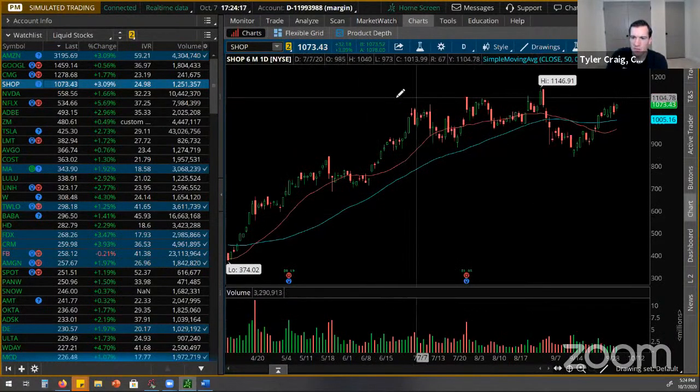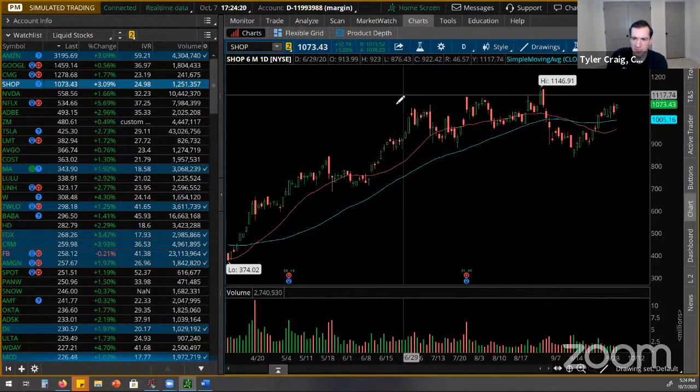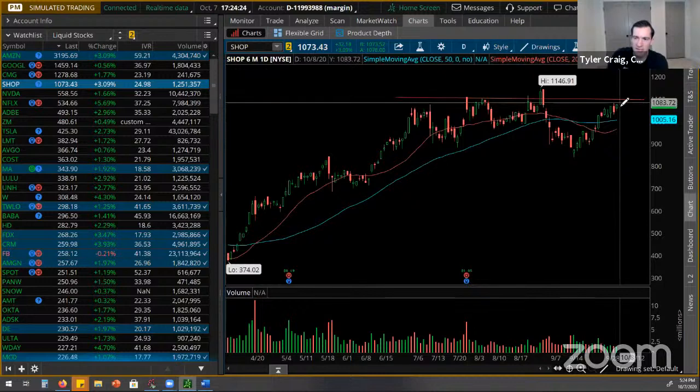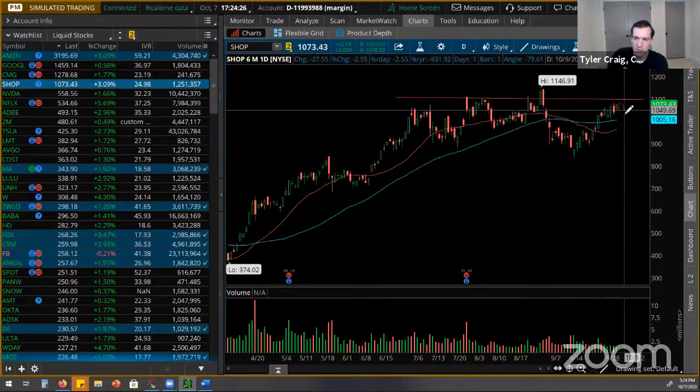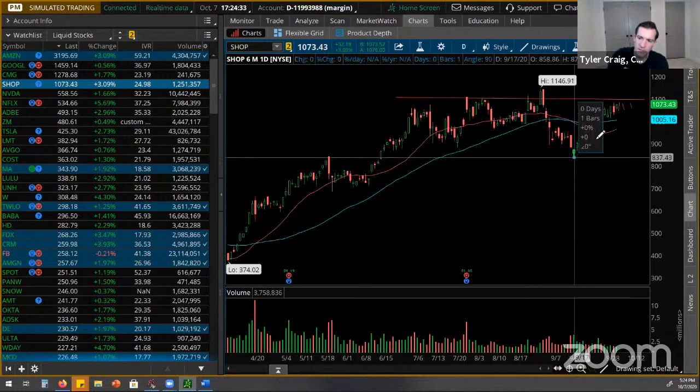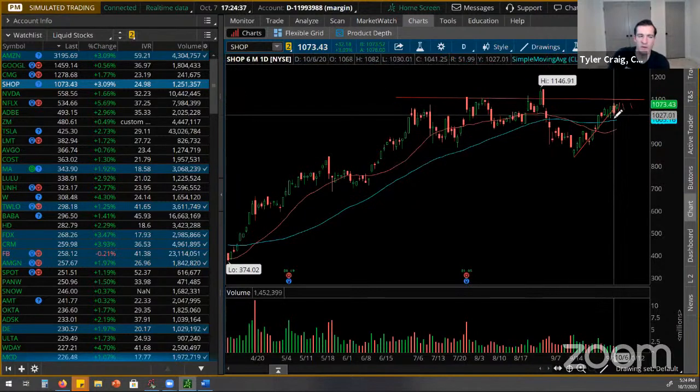Shopify. Shopify needs to cook a little bit. It's come back up to resistance. It's in an uptrend. I'd like it to go sideways for a few bars. Just chill out, and then maybe on a breakout over 1100. But it's come up quite a bit, and I don't really like buying overbought breakouts.